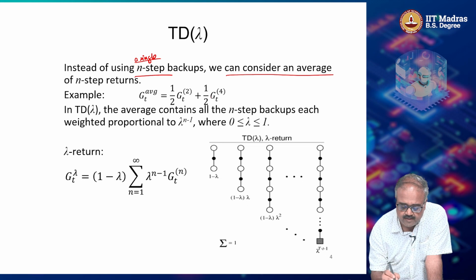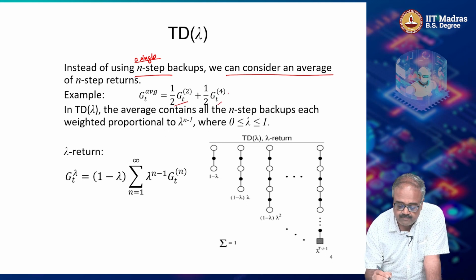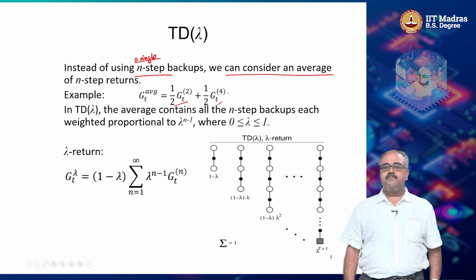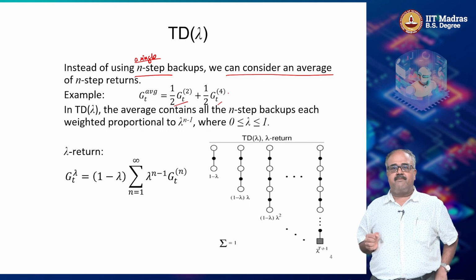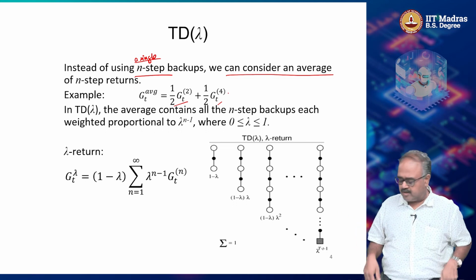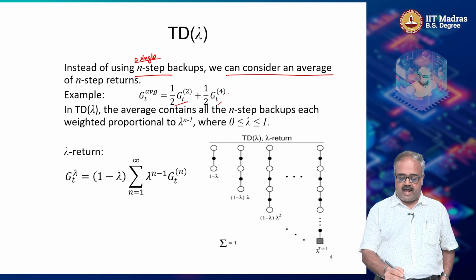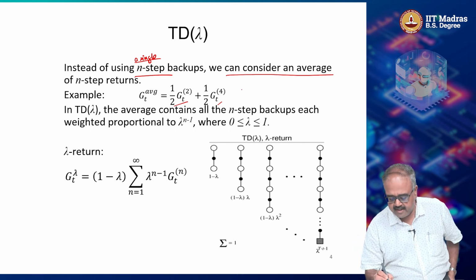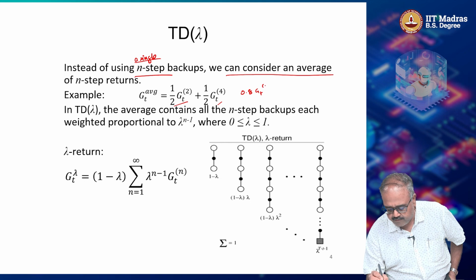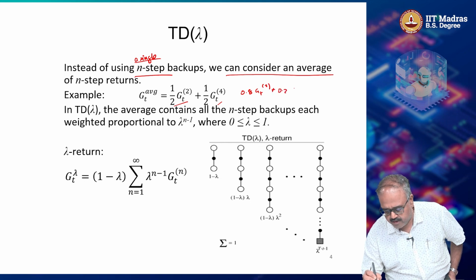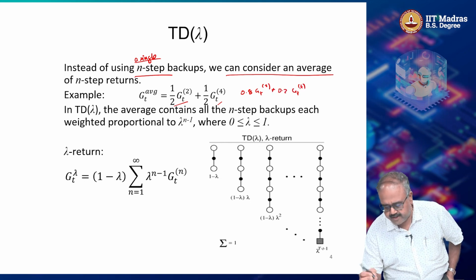So for example, here is one where I am taking half 2-step and half 4-step backup, right. As long as I am doing a proper average of these different backups, some kind of a weighted combination, it doesn't even have to be an average. I can even use something like 0.8 times GT of 2 plus 0.2 times GT of 4.